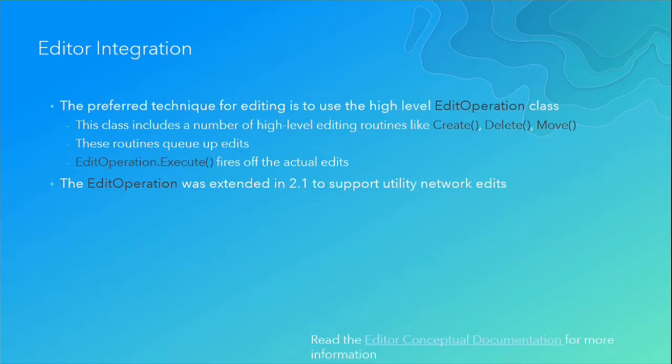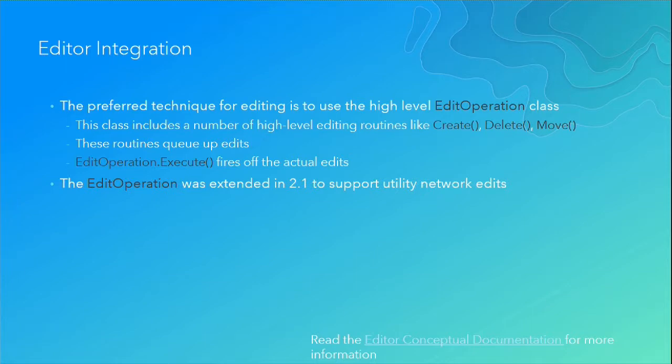So for editor integration, the preferred way to do editing is to use the high-level edit operation class. So hopefully you guys had a chance to go to the editor SDK talk earlier this week. The way that class works is you create an operation, you make edits on that operation. So you create a row using this create method.